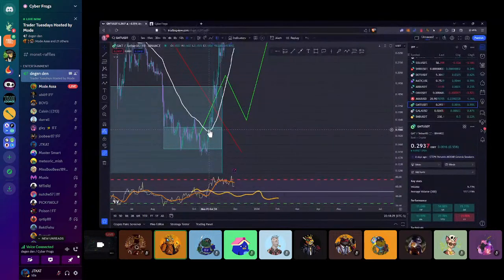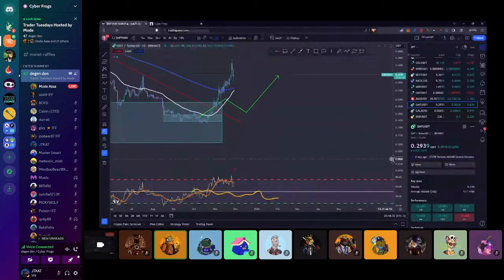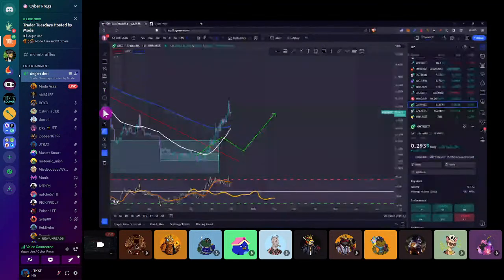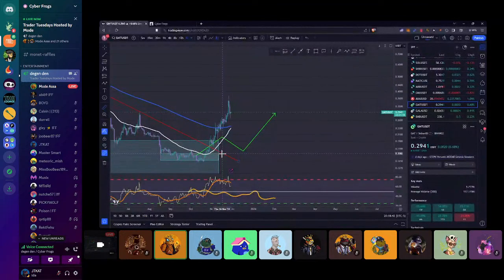And as soon as we started printing candles above the EMA, and as soon as we broke our downtrend there, from this entry zone, we'll just say the top of it, not even the bottom of it, 83% right now, 85% right now, even waiting until the break of trend and then a small retest.